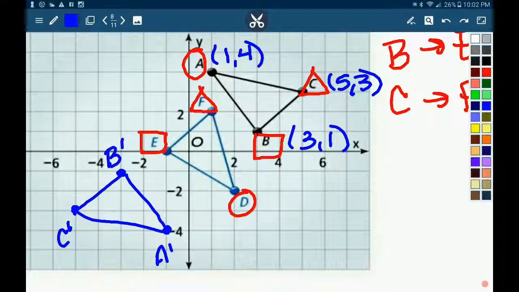Okay, so I rotated 180 degrees, and if you notice, rotating 180 degrees in one motion gets you to the same spot it took me two reflections to reach. So again, I need to figure out some way to flip this triangle so that this side ends up over there.